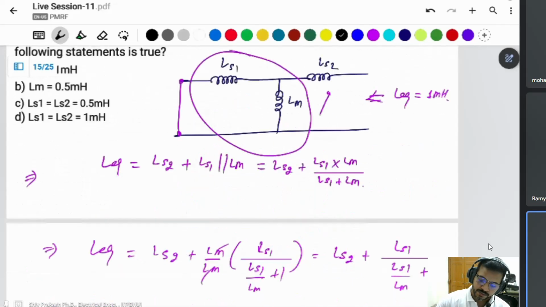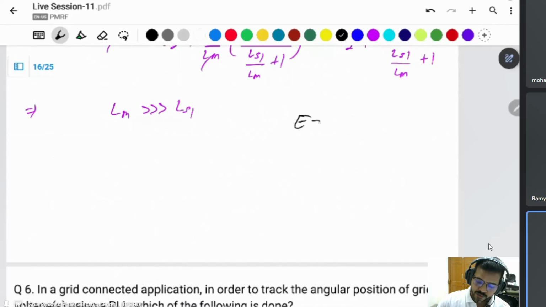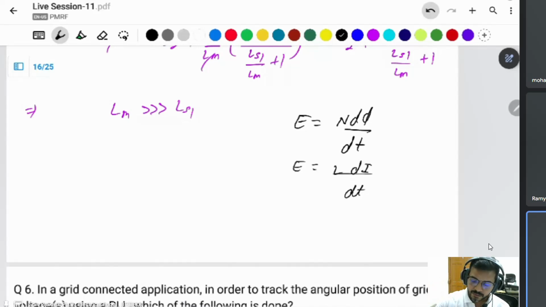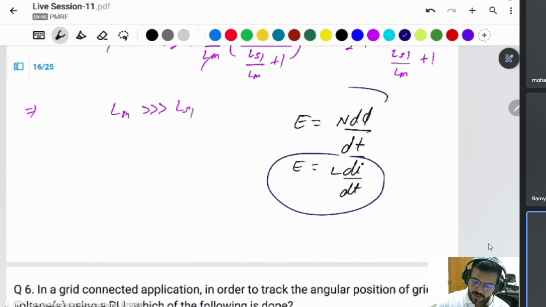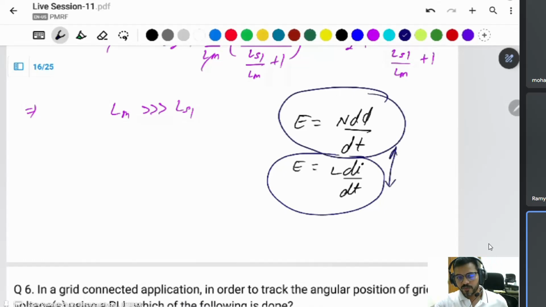The primary inductance is used to determine the voltages. You know the voltage E is equal to N d phi by dt. The same thing you can use as L di by dt. This is also the voltage in an inductor, also the induced EMF. Then the same thing is linked to this one, and this is referred to as the induced EMF in the transformer.